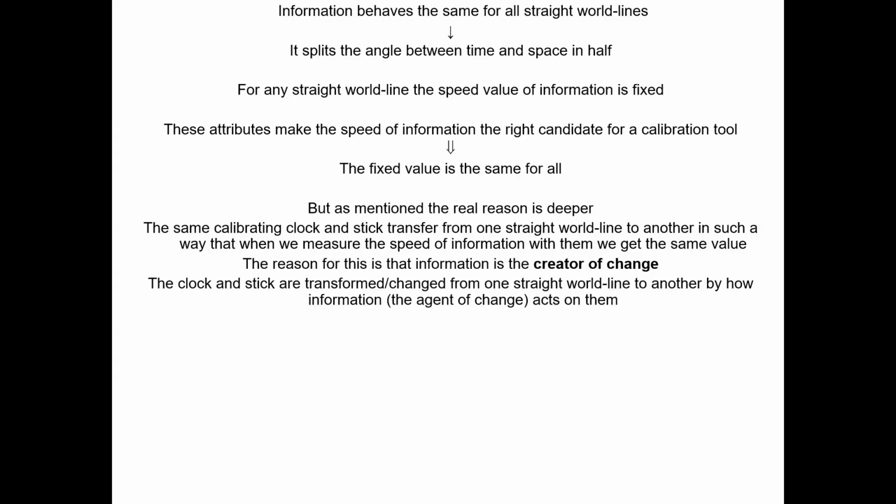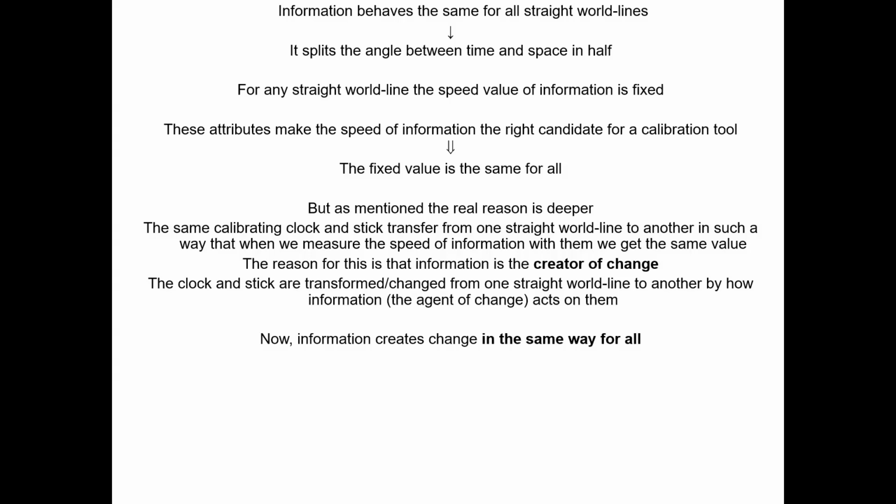And the reason for this is that information is the creator of change, which means the clock and stick are transformed or changed from one straight world line to another by how the information, the agent of change, acts on them.